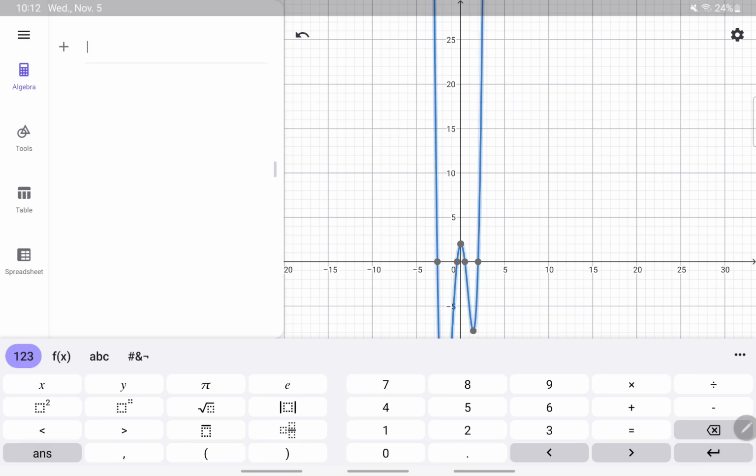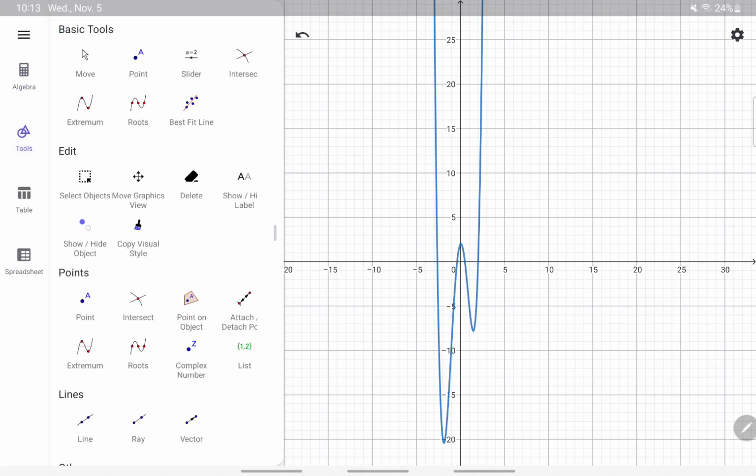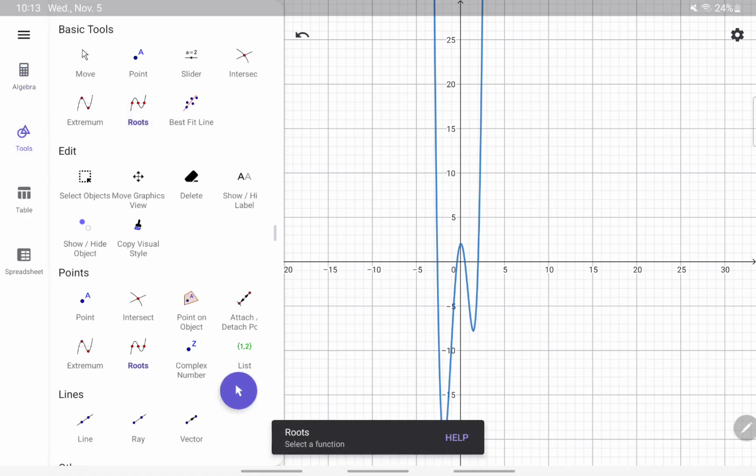Okay. This is our function. And we are looking for the roots of this function.